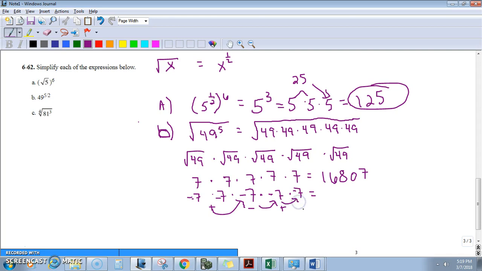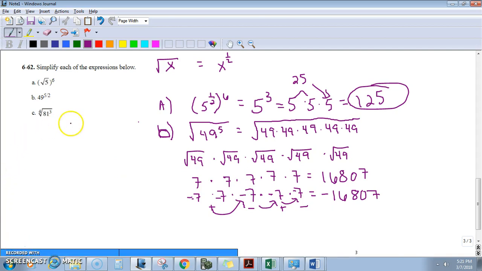But then we multiply it by a negative number, and it becomes a negative. So our answer is going to stay the same if they're negative 7s, but it's going to be negative 16,807. Okay, because the square root of 49 can be either positive or negative 7.